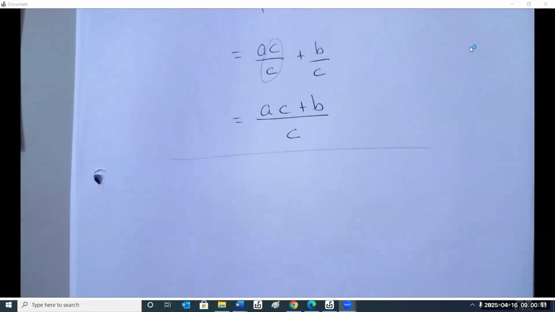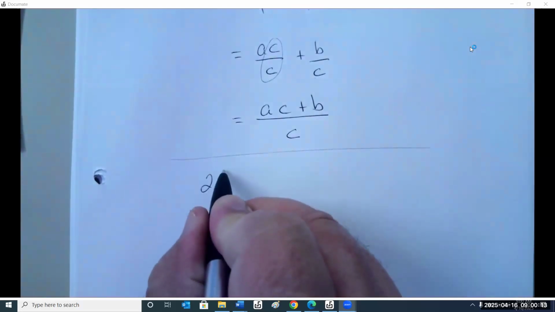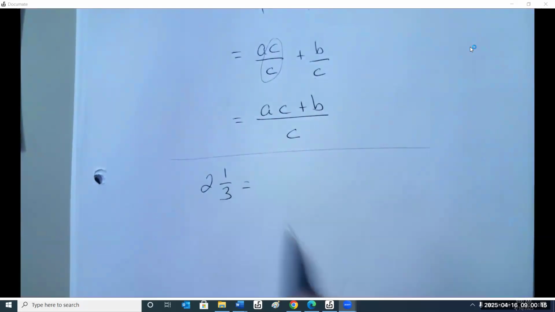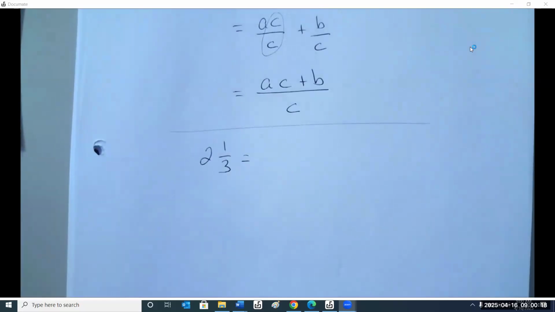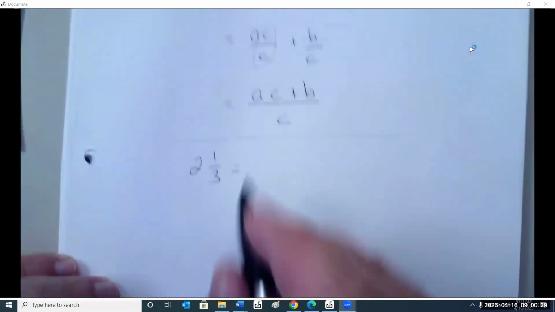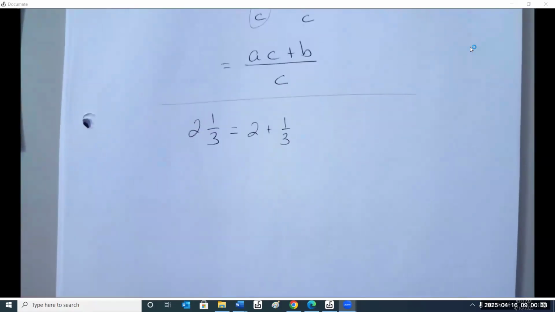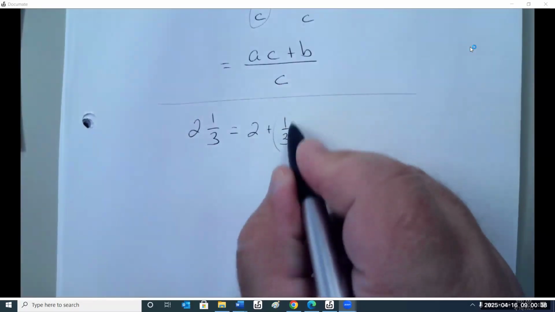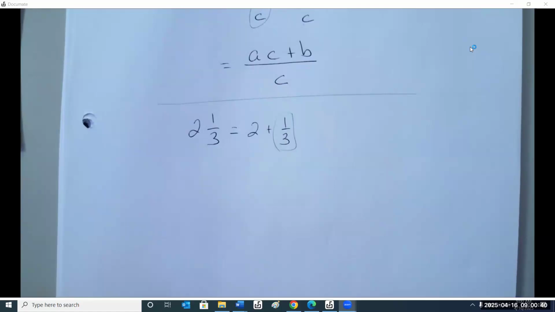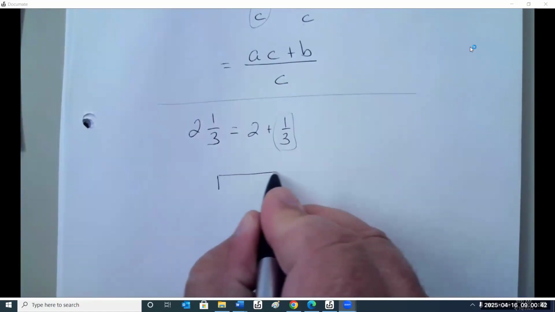How would you show that on a number line? If you think about it, what this really says is that my squares are going to be in thirds.